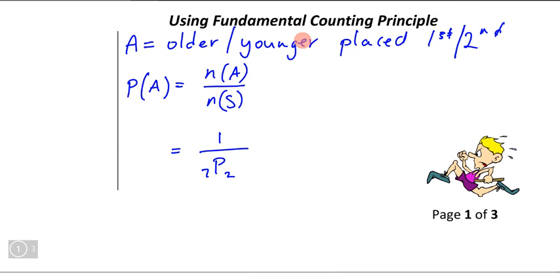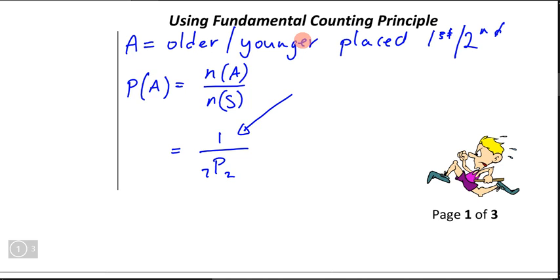I'm going to write here as a note, 1 represents the only one way this can happen, having the older brother in the first and the younger brother in the second spot.